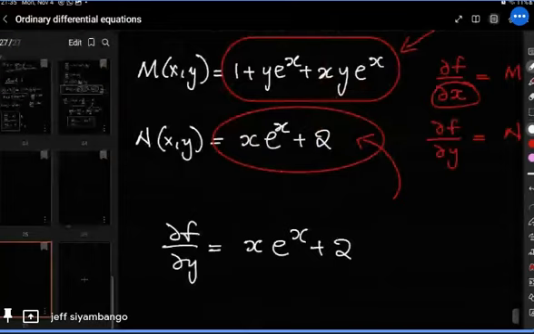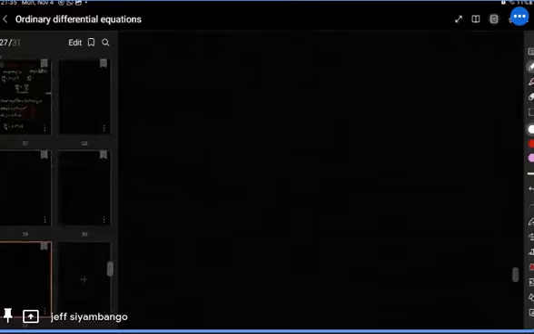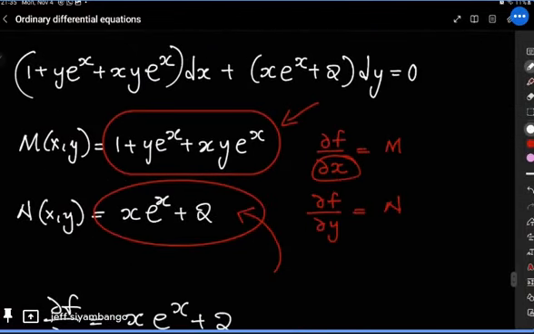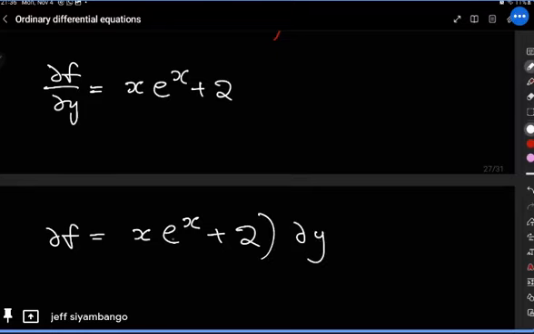Let's see how it proceeds. We see that partial f is equal to x e to the x plus 2, partial y. We perform the integral.